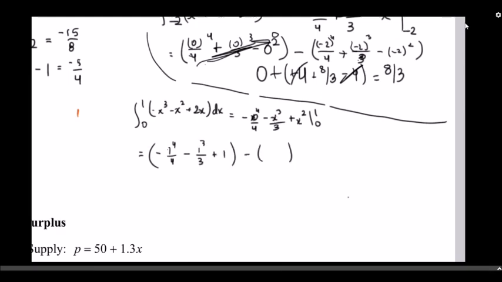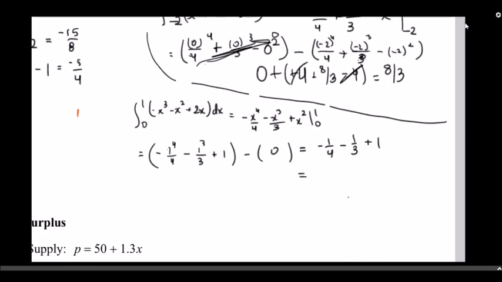So we're just going to be 0 minus 0 plus 0, which is just 0. So here we're going to have 1 to the fourth divided by 4. That's just going to be a negative 1/4. And then we're going to have a minus 1/3 plus 1.